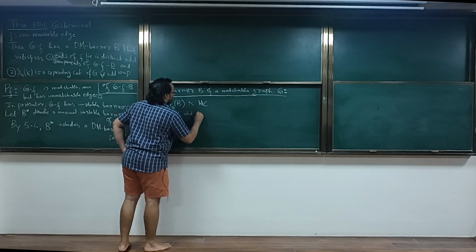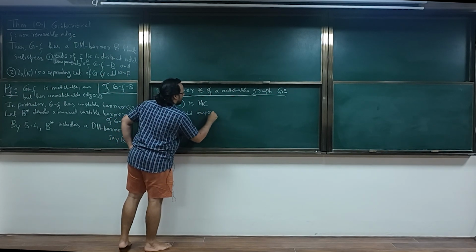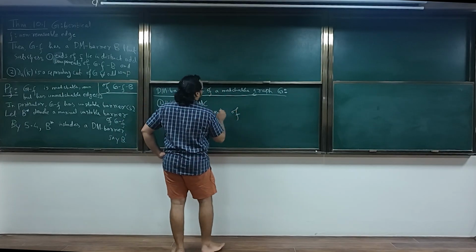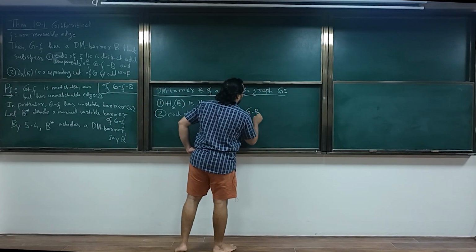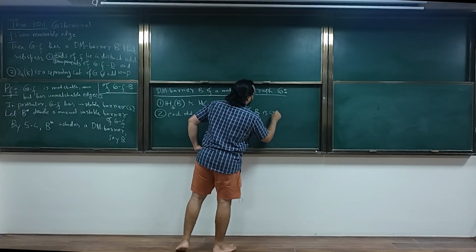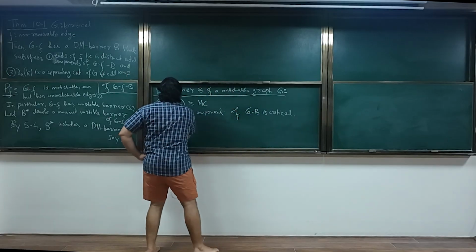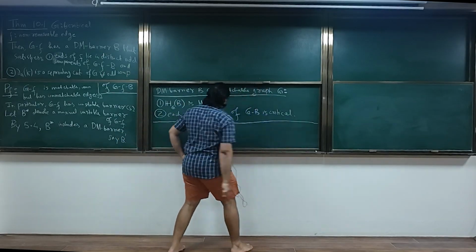Each odd component of G minus B is critical.